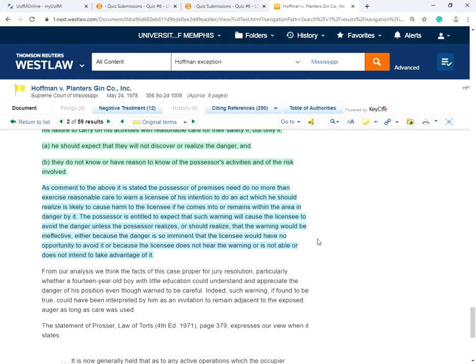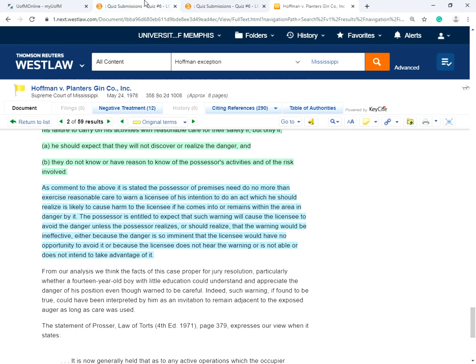The possessor is entitled to expect that such warning will cause the licensee to avoid the danger unless the possessor realizes or should realize that the warning would be ineffective, either because the danger is so imminent that the licensee would have no opportunity to avoid it, or because the licensee does not hear the warning or is not able or does not intend to take advantage of it.